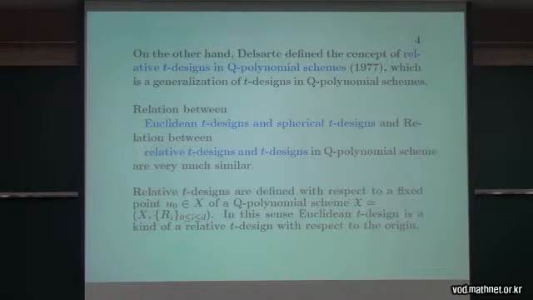I will give the definition later, but the relation between Euclidean t-designs and spherical t-designs, and the relation between relative t-designs and t-designs in Q-polynomial schemes, are very much similar. Relative t-designs are defined with respect to a fixed point u_0 in X of a Q-polynomial scheme, and the Euclidean t-design maybe we can call a relative t-design with respect to the origin.